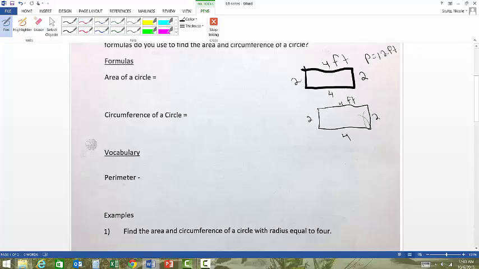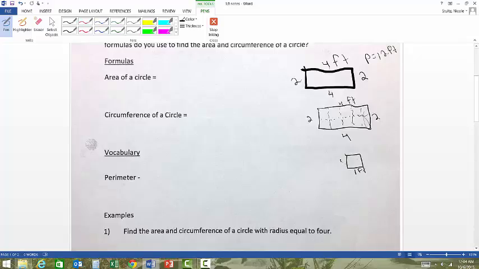Area is a little bit different. When we think of area, we think, if you wanted to put carpet inside your bedroom, you would have to count how many square feet your bedroom can be broken into. So what you're really doing is, let's say this is feet, you're looking for how many 1 by 1 foot squares fit in here perfectly.